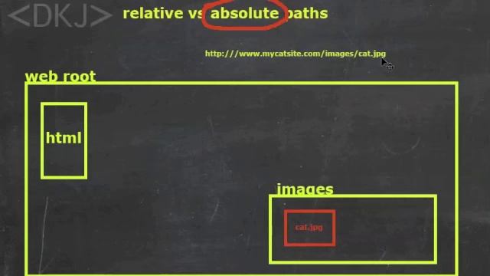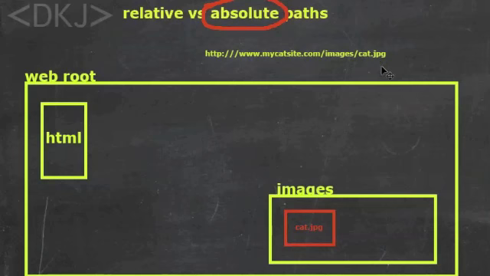However, it has certain disadvantages, because if you move your site to another domain, maybe you want to call it mycatsite2.com or mypetsite or whatever it is, this path will stop working.